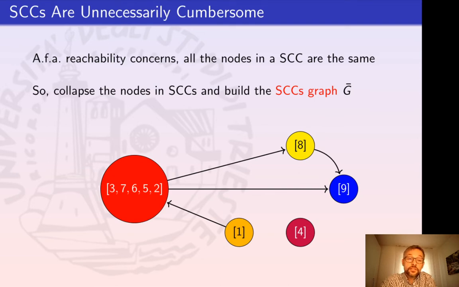So the point here is to preserve the reachability property, not the distance. Okay. So the original problem, the problem of the transitive closure, is to decide whether from one node I can reach another node given any pair of nodes in the graph, not to decide what's the distance from one node to another one. Okay.